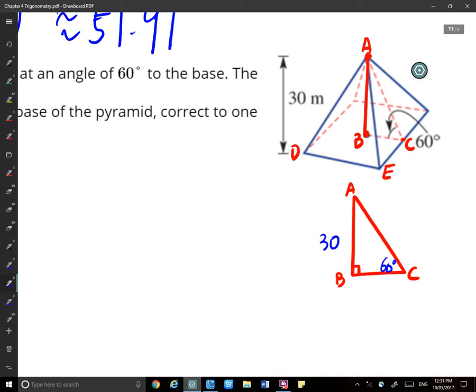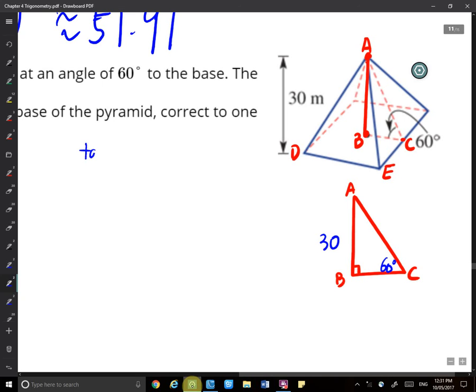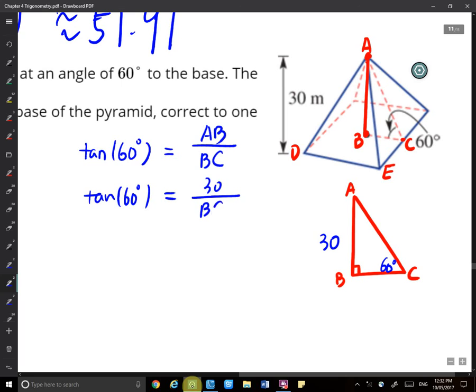Will you use sine 60, tangent 60, or cosine 60? Tangent. I want to know BC, so it's opposite and adjacent. I will use tangent 60 degrees equals AB over BC. So tangent 60 degrees equals 30 over BC.